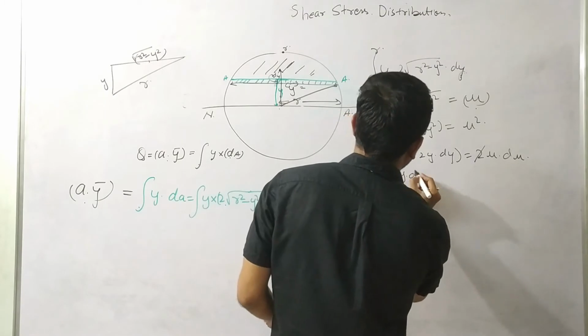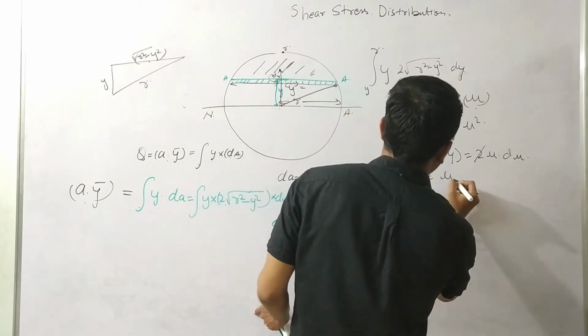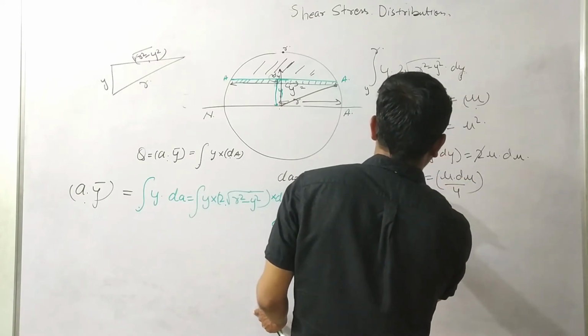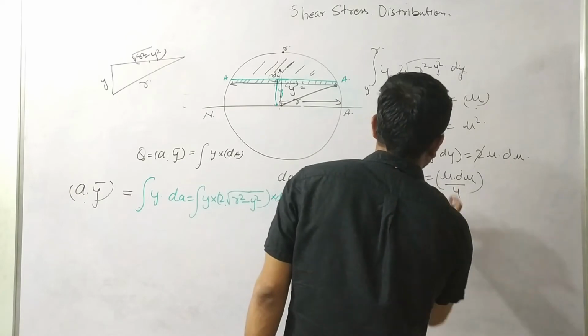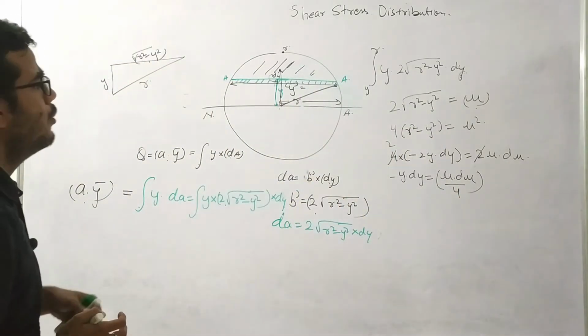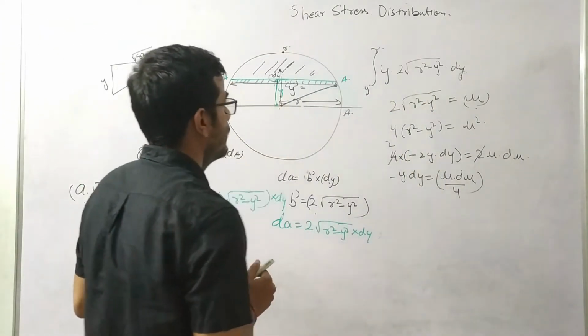So my y dy is equals to u du by 4. Okay, minus y dy equals to minus u into du by 4. Now I will put this value in this expression over here.